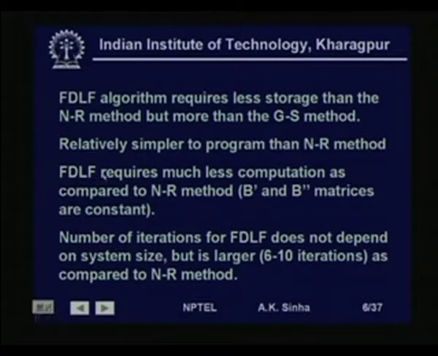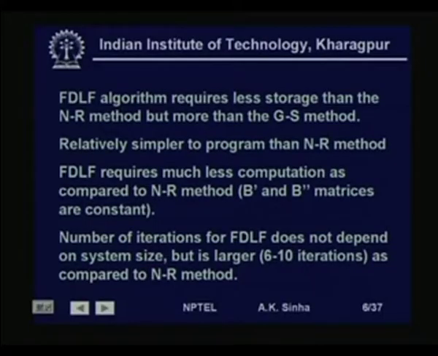Fast decoupled load flow method requires much less computation as compared to the Newton-Raphson method, because B dash and B double dash matrices are constant, and therefore, they need to be factored only once.